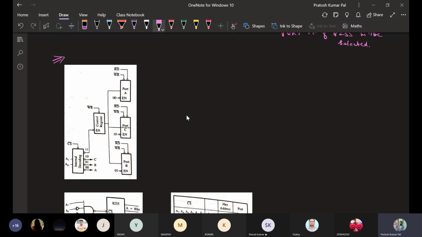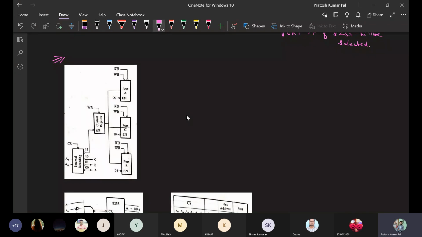Here, first of all, there are different decoding logics. An internal decoder is there, and based on A0, A1 and chip select, these logics decide whether it is going to port A, port B, or port C. If A0 A1 is 00, port A will be selected.